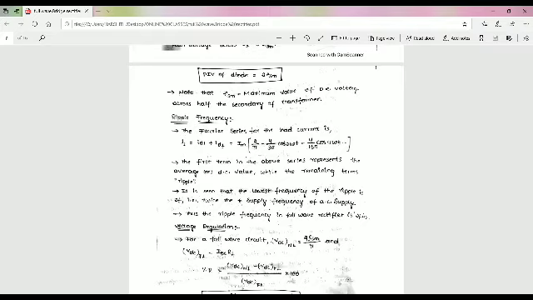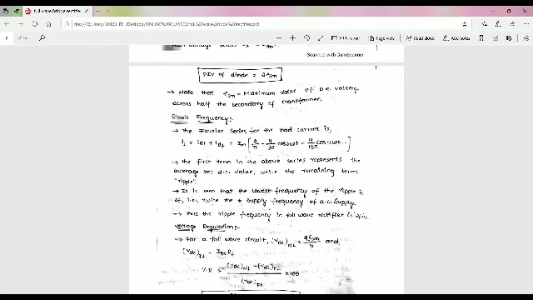And next one, voltage regulation. Okay, the half wave rectifier circuit, VDC no load equal to 2 ESM by pi, already known. VDC full load equal to IDC into RL.